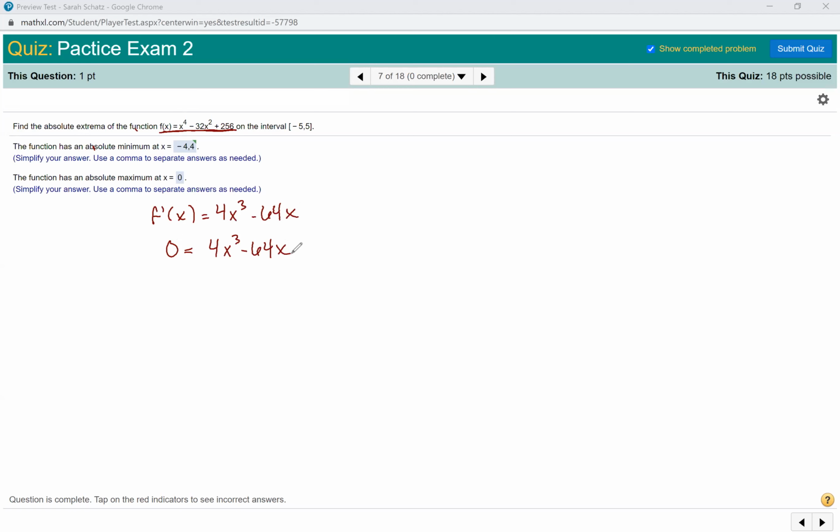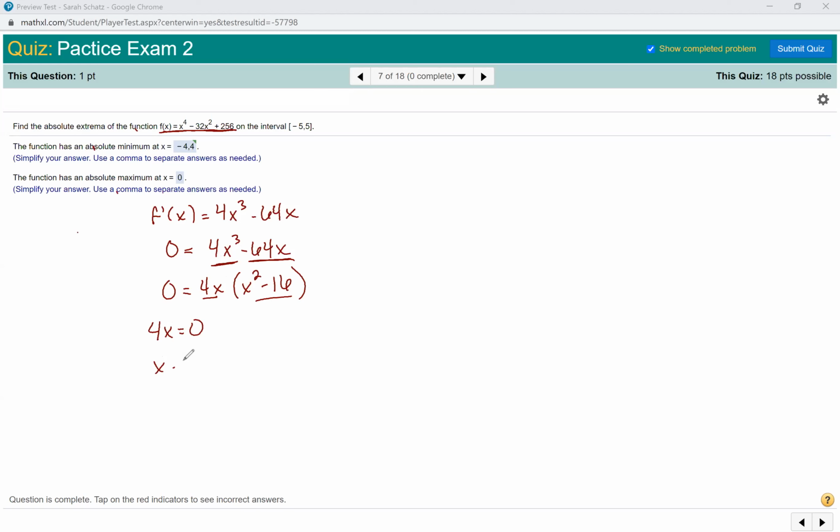Yours is going to turn out in a similar way where at this point, you're just going to be able to take out the greatest common factor. On this particular problem, it won't be like the quadratic factoring or anything. It'll just be like this, where what's the biggest thing I can take out of both of these is a 4x, which will leave me with x squared minus 16.